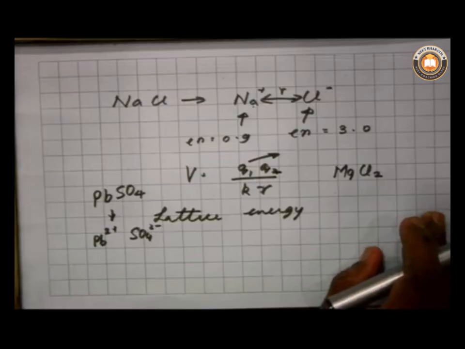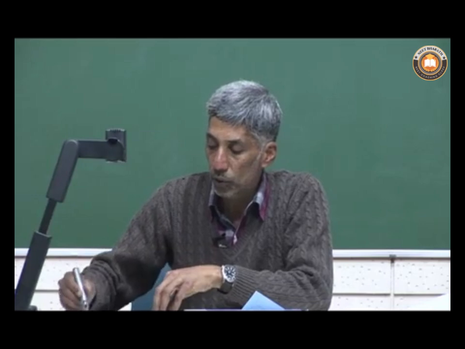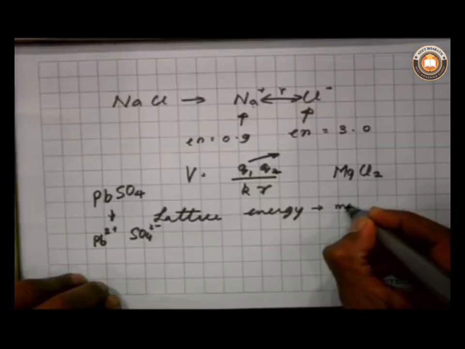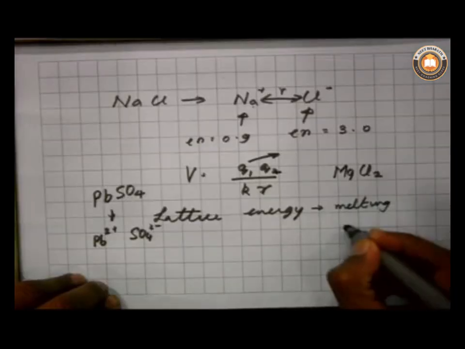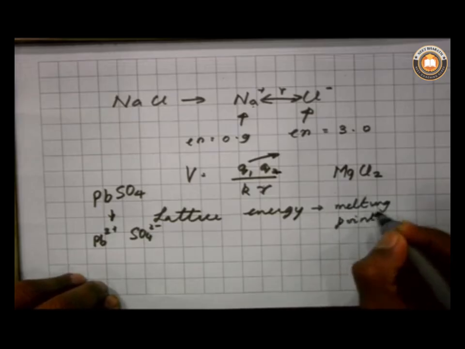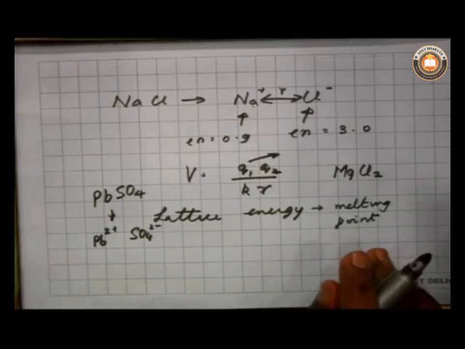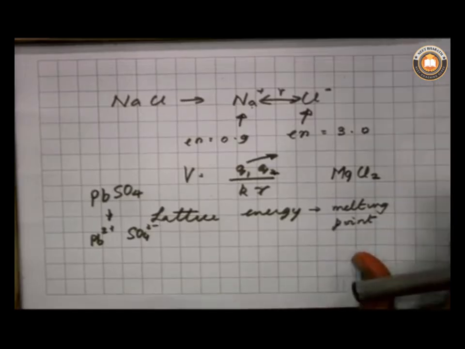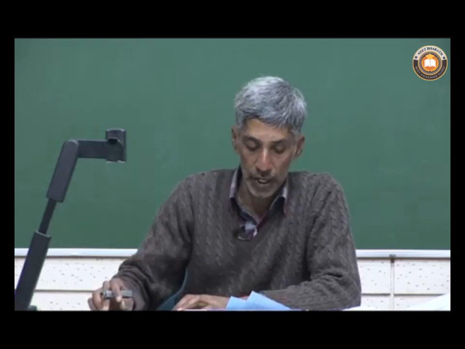So, what is a physical property which will reflect this? The one thing that will reflect this is melting point. So, what we are now saying is that if I took a series of compounds and looked at their melting point, does it show a trend?